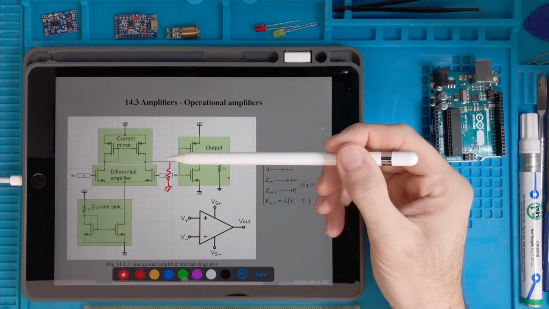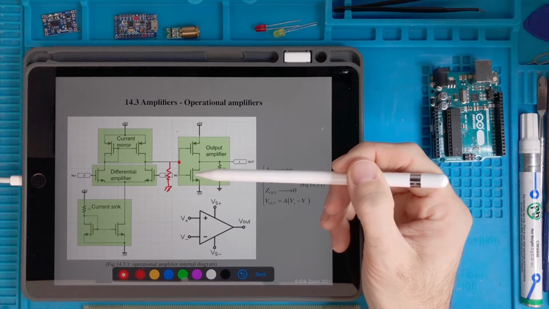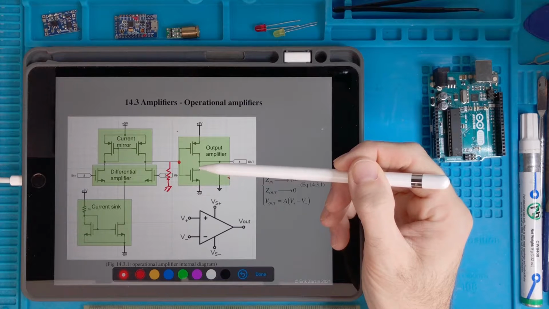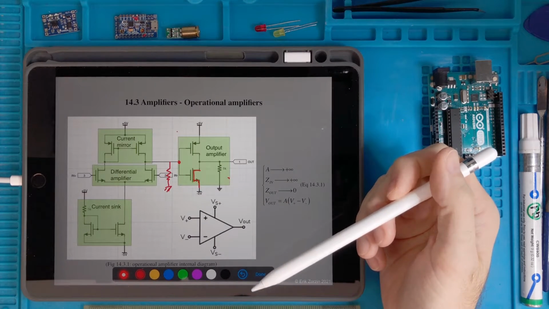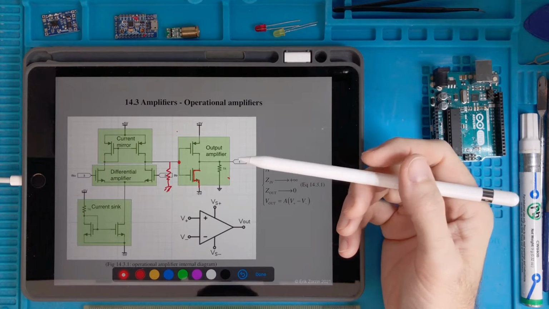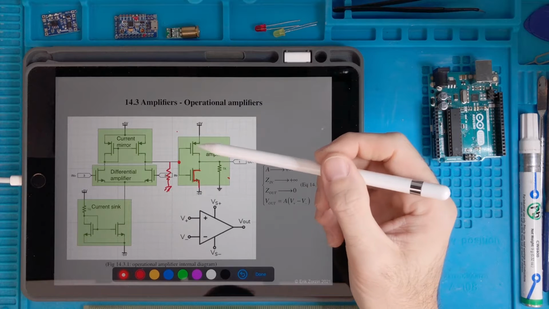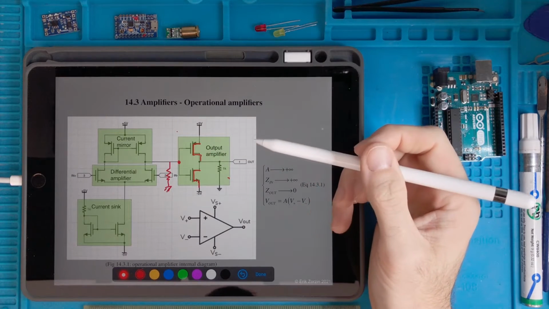We say that if the signal grows at the gate here, the resistance of the lower transistor will decrease. So we say it gets into conduction. While for this one is the opposite, the resistance of this one increases.